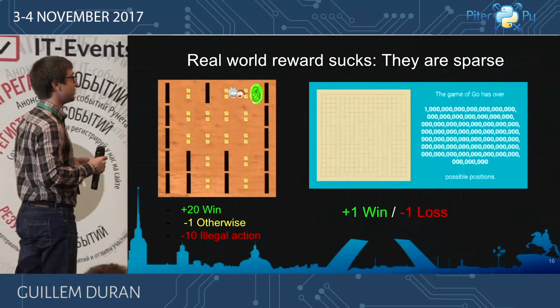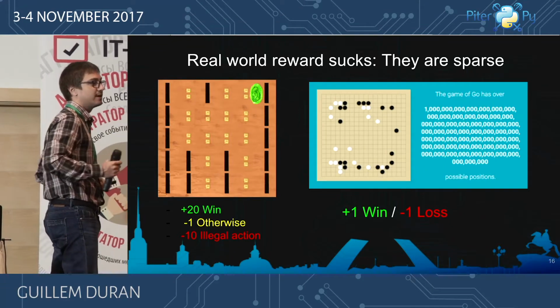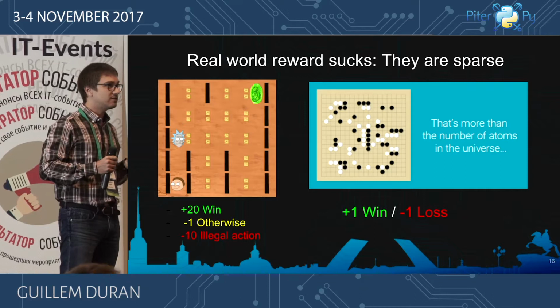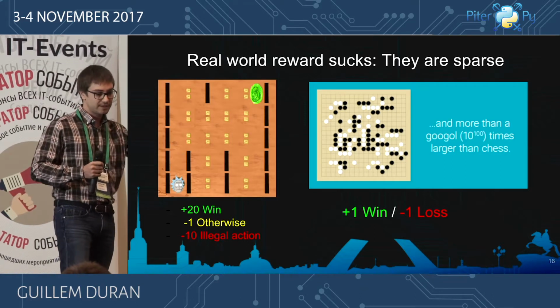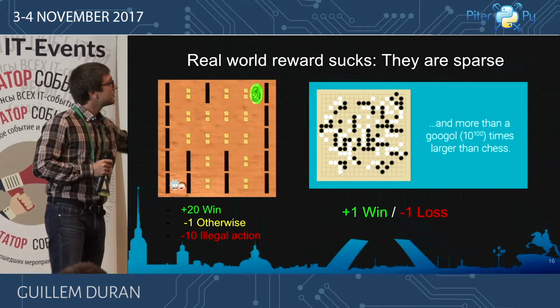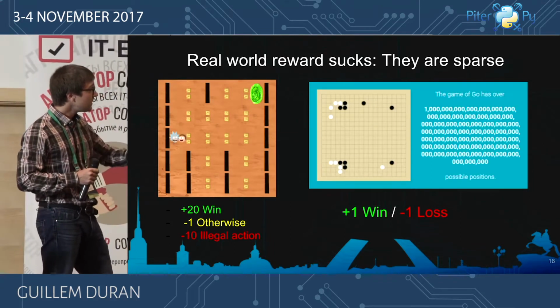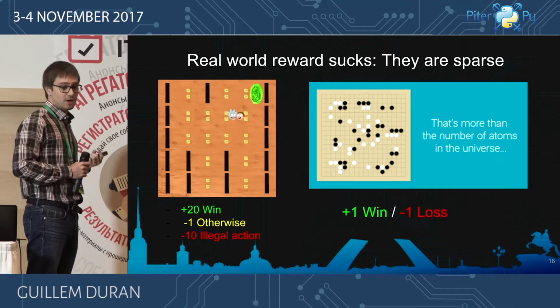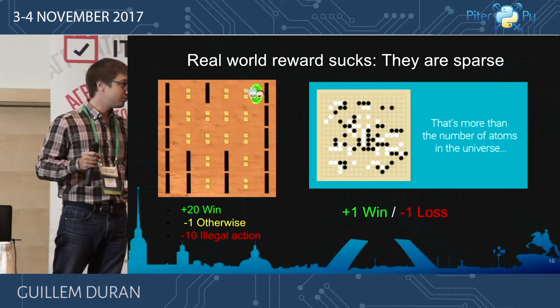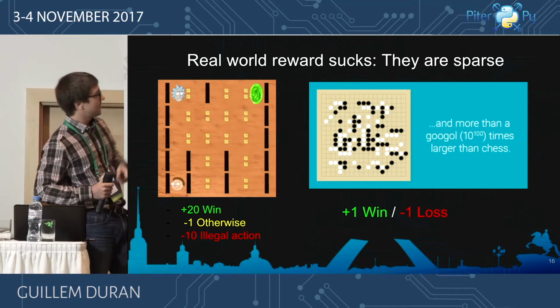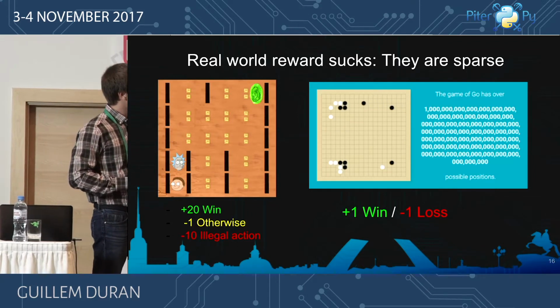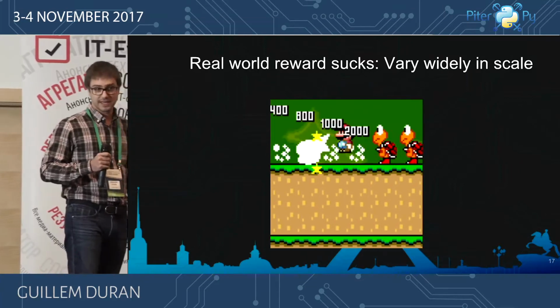Another example where you can find a really sparse reward distribution is in the game of Go, where you do not get any kind of reward for moving in your turn, but you only get 1 point if you manage to win the game, or minus 1 point if you lose. So yeah, real-world rewards can be very sparse, but also they can vary widely in scale.